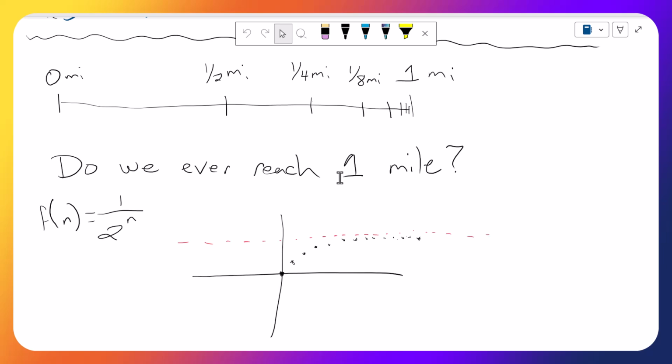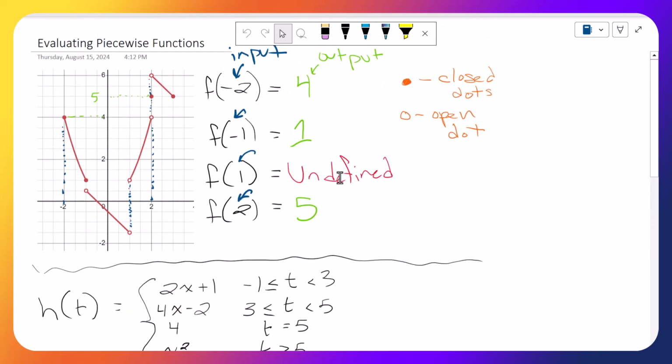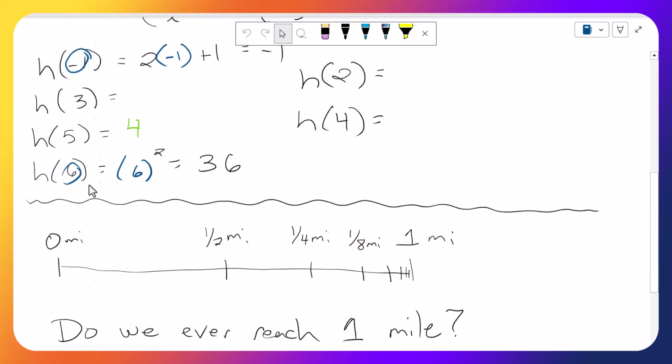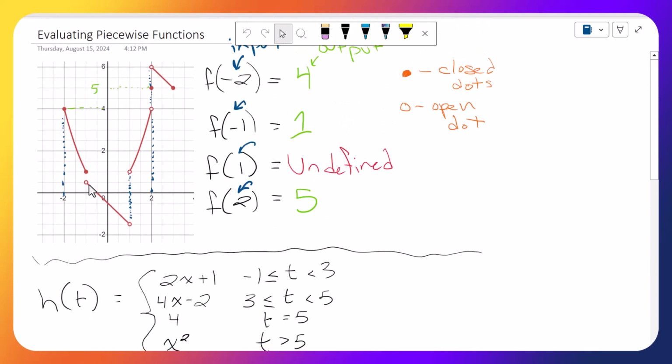And connecting that back to what we were doing with graphs, because that was my whole point for this, that is more or less what is happening at these open dots. We are touching every single value going to it. Doing only these halves isn't going to get us to every single value, but the idea is still the same.